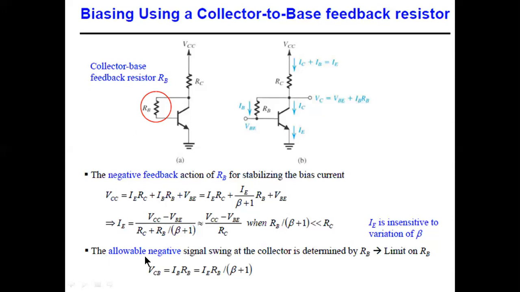The allowable negative signal swing at the collector is determined by RB, and that is the limit on RB. So IE should be insensitive to the variations of beta, and the temperature dependence, which is there in VBE, also is negligible. So VCB will be IB into RB, and IB RB is IE RB divided by beta plus 1.